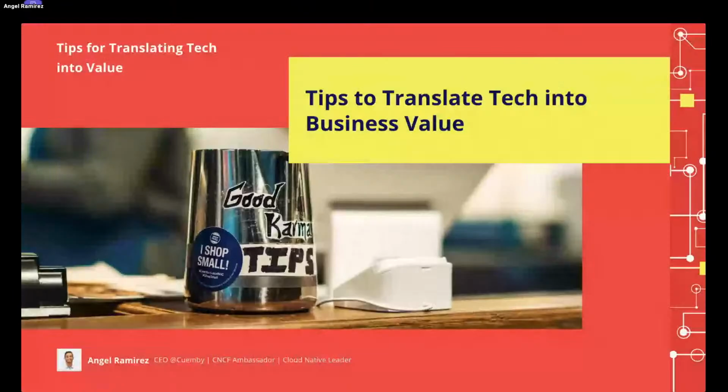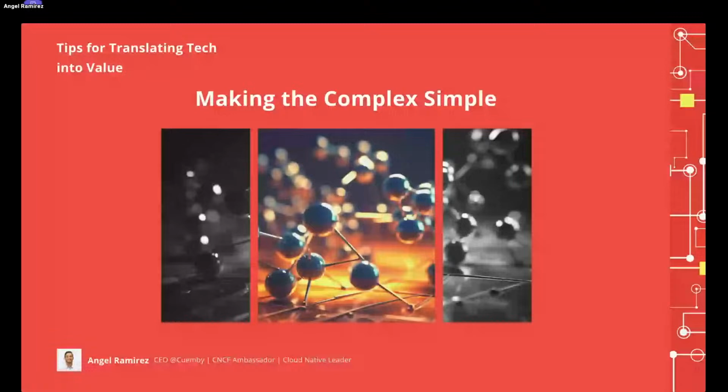So there are some tips, usually as a wrap-up of the talk. These slides are shared with all of you, so feel free to take notes, as well as the call. But once again, make it not complex. That's the first step. You cannot bring tech jargon. You cannot talk about it, even though you might be so passionate about it, because at the end we're going to end up in a rabbit hole, instead of making sure it's simple enough that they can get interested.